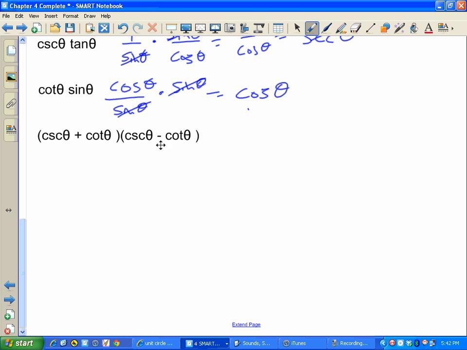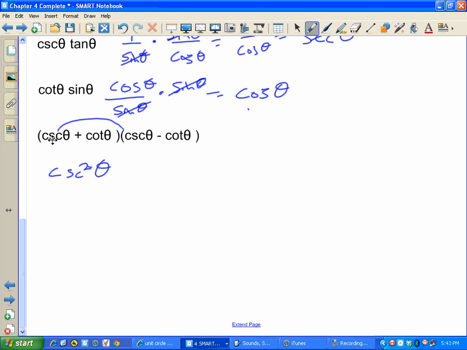So if you see something like this, you're going to do what you usually do, which is distribute. So we're going to take this times that. So I get cosecant squared. Just a note about this: you can put the squared on there, or you can put it outside the whole thing. These are the same thing. Any way that you want to write it, but most times you'll see it written like this. I'm squaring the cosecant, I'm taking that of theta.